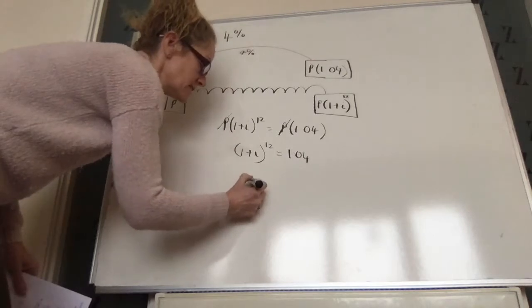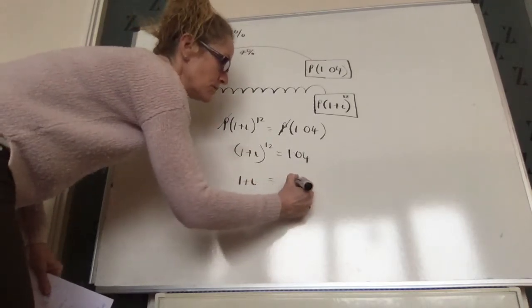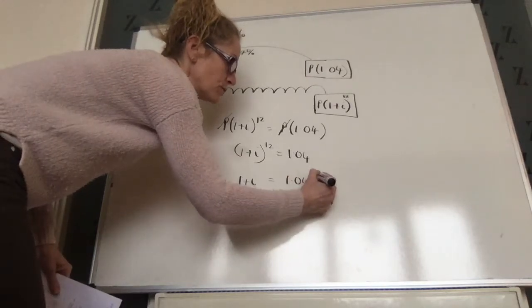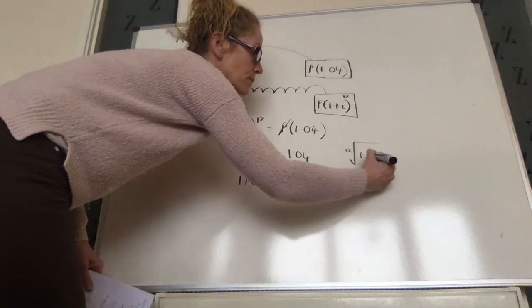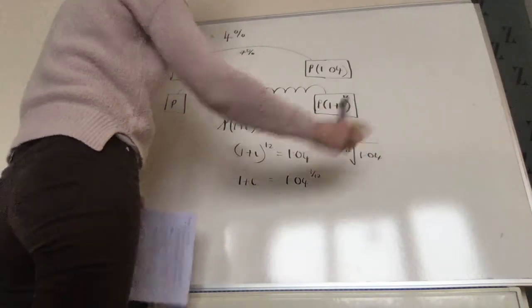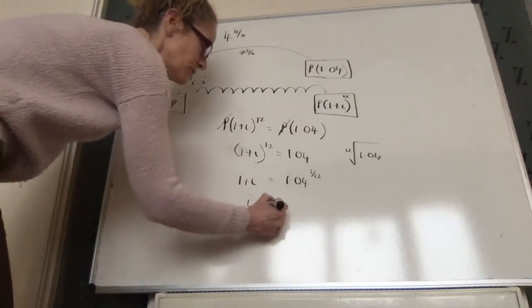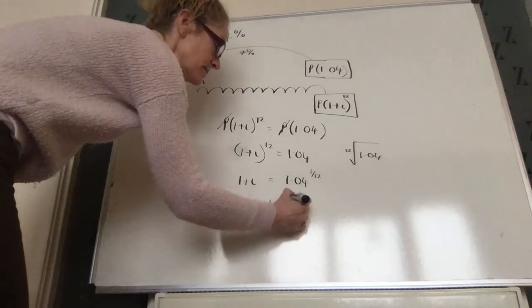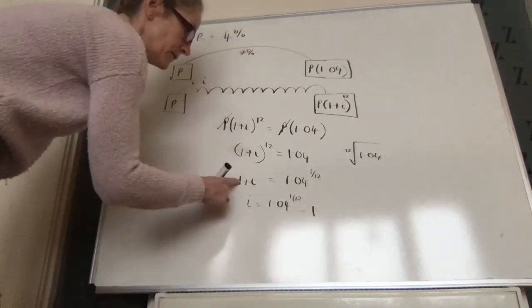We need I, so the first thing we need to do is get the 12th root: 1.04 to the power of 1 over 12. Or we could have said the 12th root of 1.04. The problem is that sometimes these numbers get written too big and somebody thinks they're multiplying by 12. So I will be 1.04 to the power of 1 over 12 subtract 1.